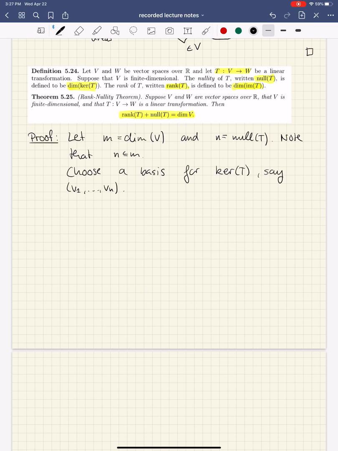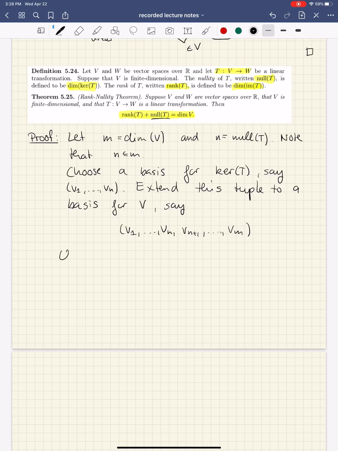This is the part of the kernel that represents the nullity. And so now we complete it to a basis of V. So extend this tuple to a basis for V, say v1 through vn, vn+1, and then we know it has to be of length m by dimension.